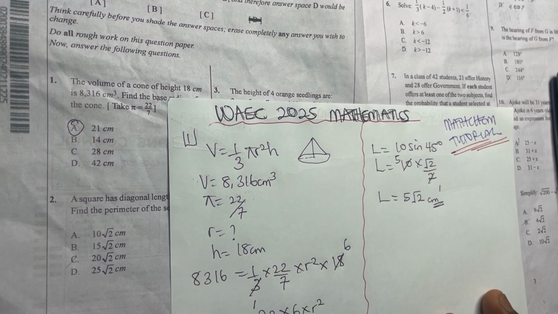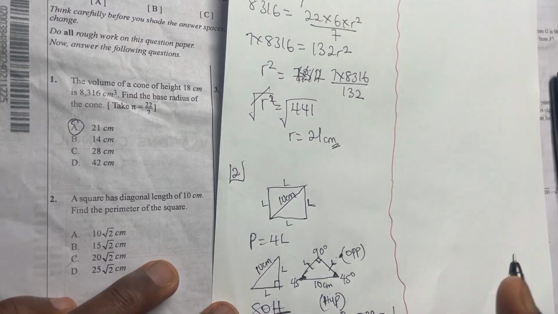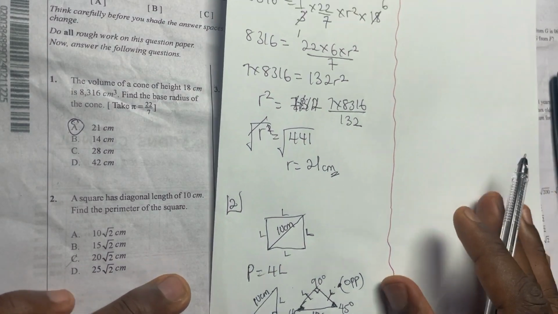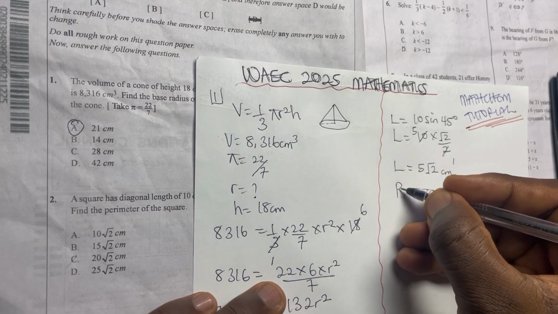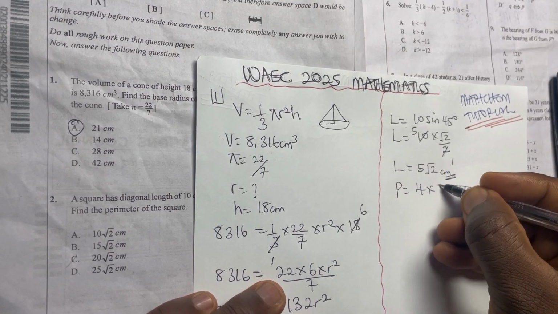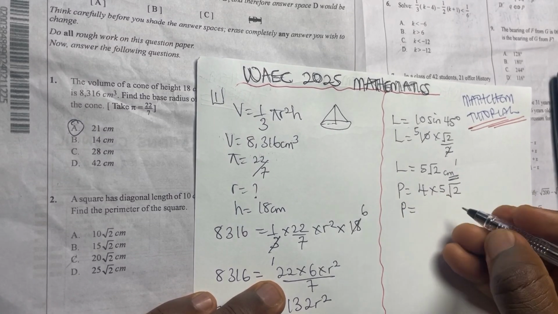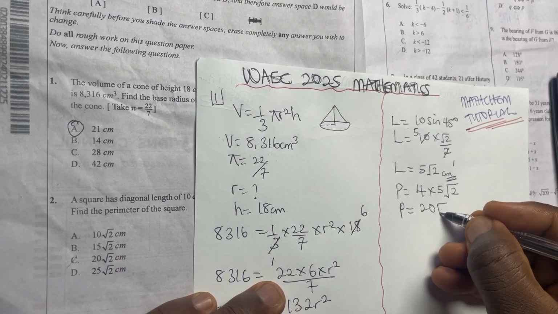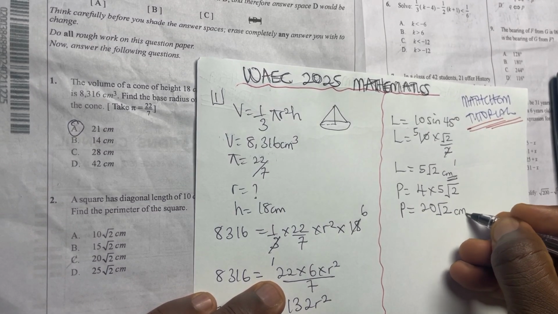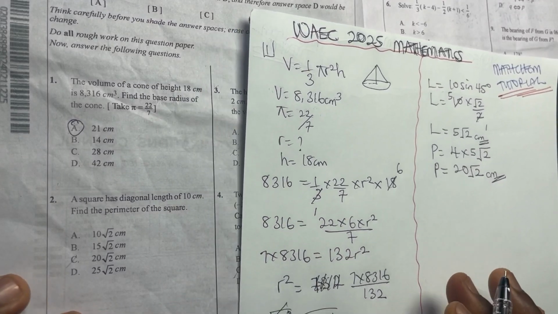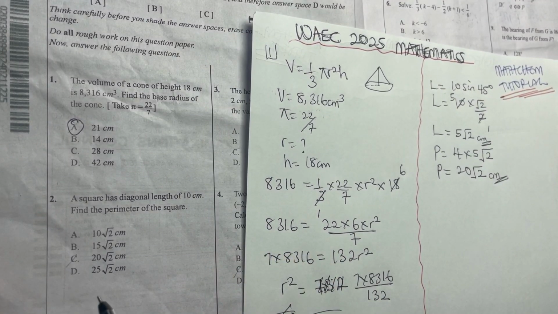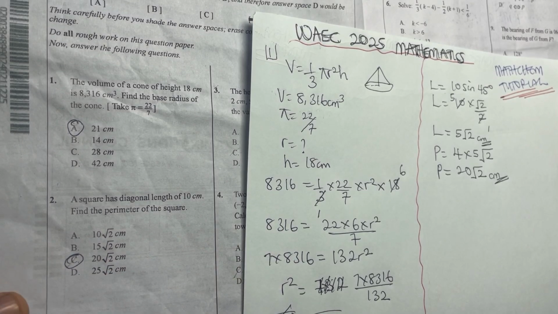Good, now we have gotten the L. From here I said perimeter equals 4L. So P equals 4 times 5 root 2, and my perimeter will be 20 root 2 centimeter, and that is it. Let's look at it here. 20 root 2, that is C. So the answer here is C.